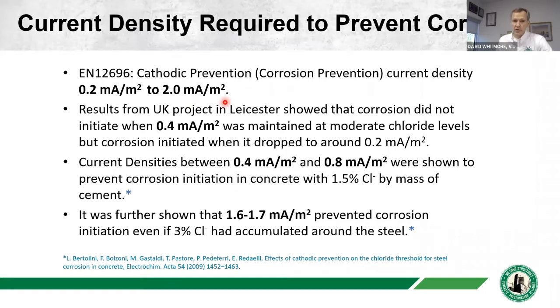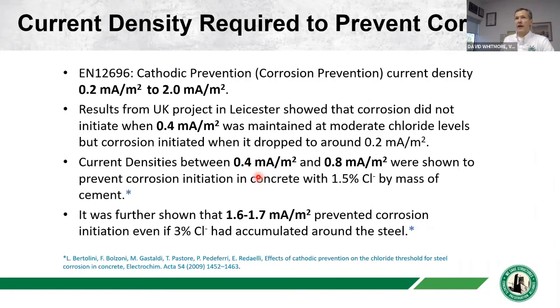Although that's useful because it's a number, it's a pretty wide range, it's an order of magnitude. So should you use 0.2 or should you use 2? It depends on what your conditions are at the job site. In our design tables, we actually use a minimum of 0.4 milliamps per square meter for chlorides that are moderate, which we'll talk about in a moment.